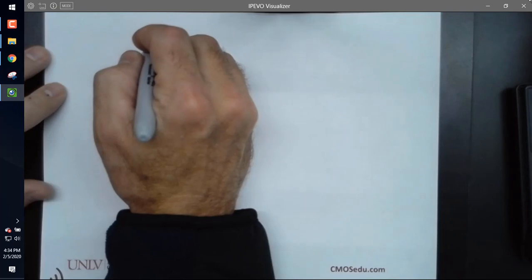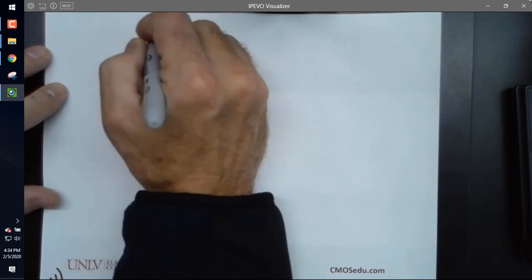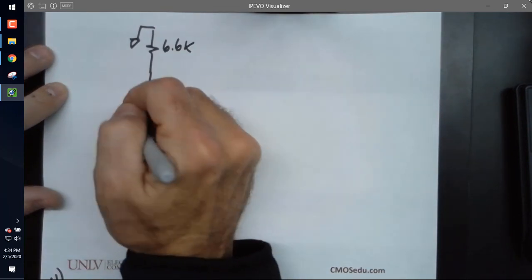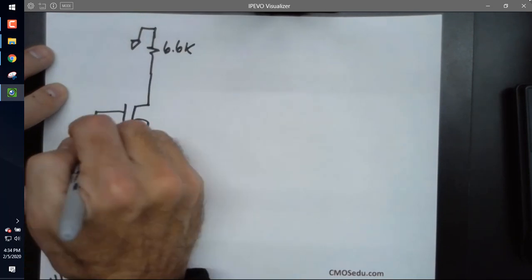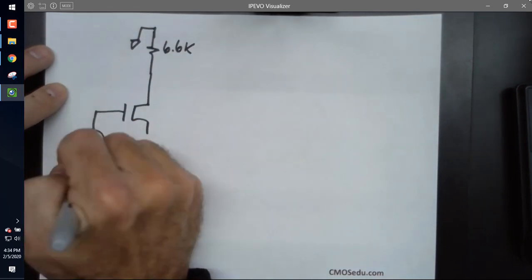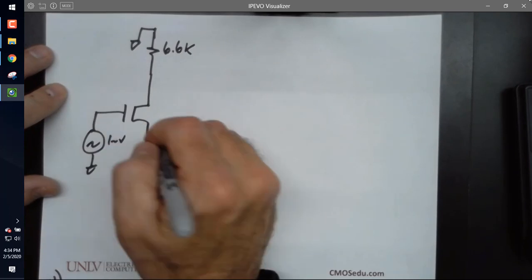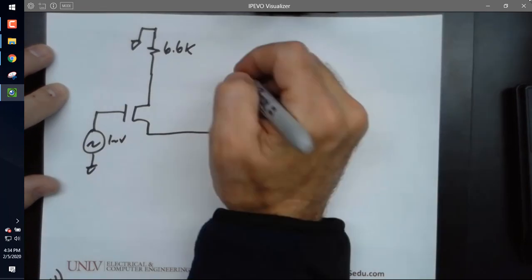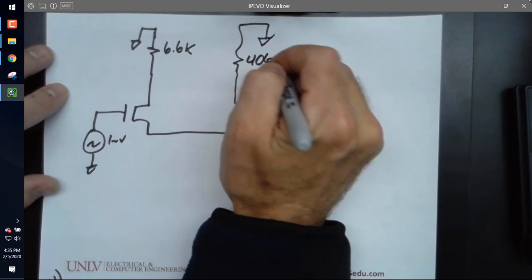All right, so this is 6.6K. And what did I just draw? What is the 6.6K? What's this 406 ohm device?